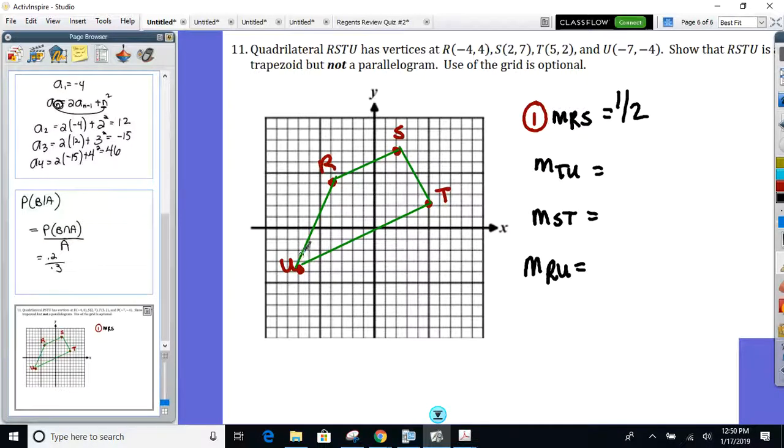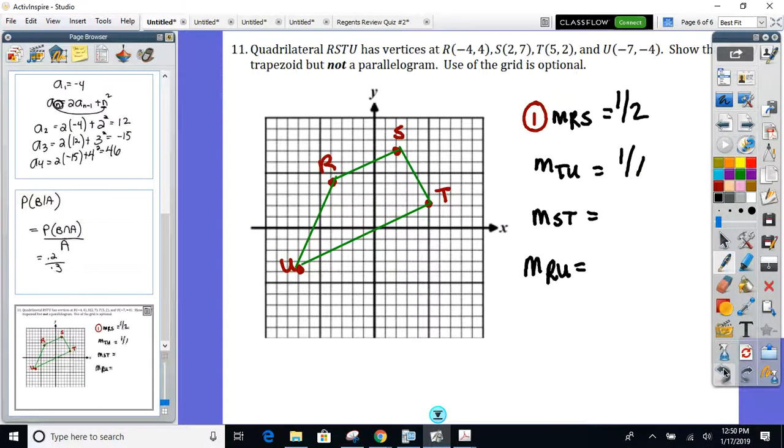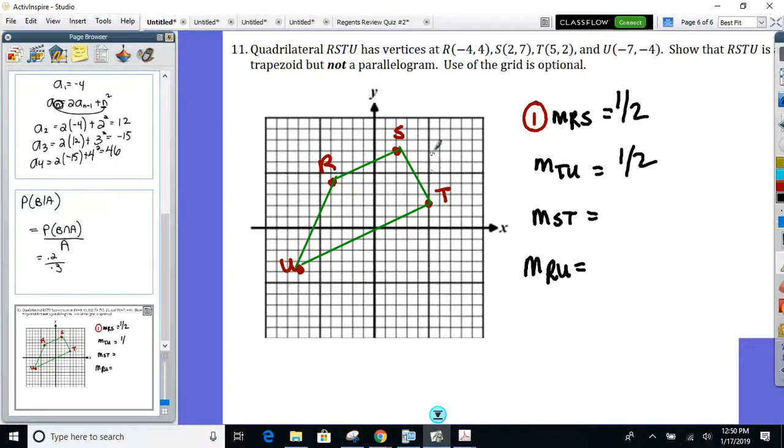TU: up 1, 2, 3, 4, 5, 6 over 12, so that's also 1/2. ST: up 1, 2, 3, 4, 5 over 1, 2, 3, that's a negative 5/3. And RU: 1, 2, 3, 4, 5, 6, 7, 8 over 1, 2, 3, so 8/3.